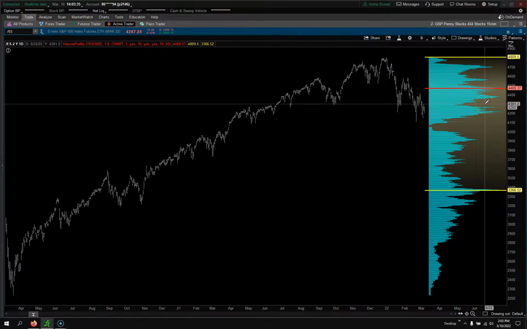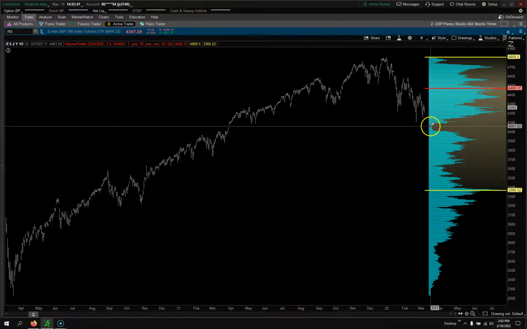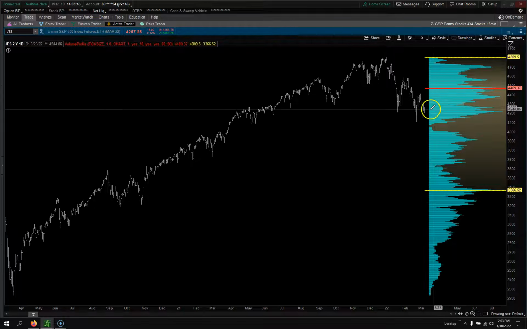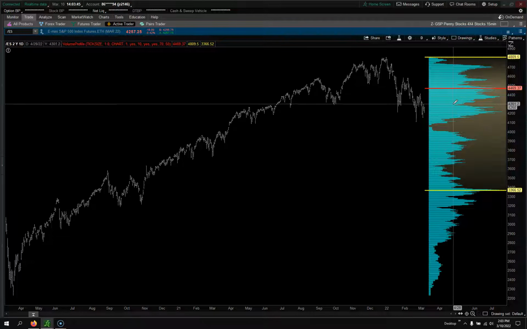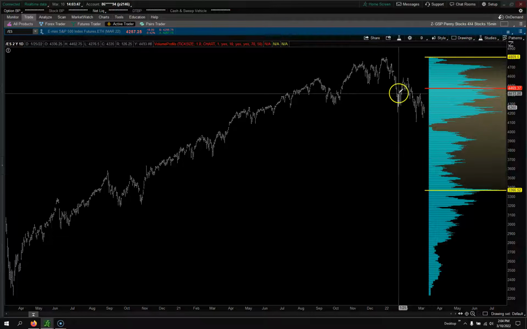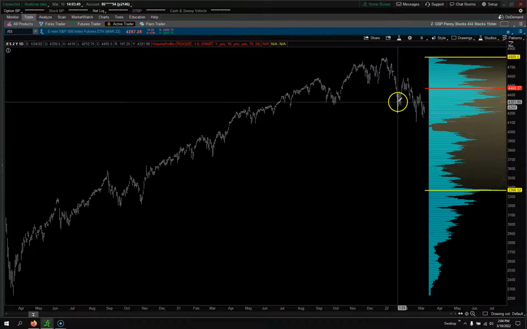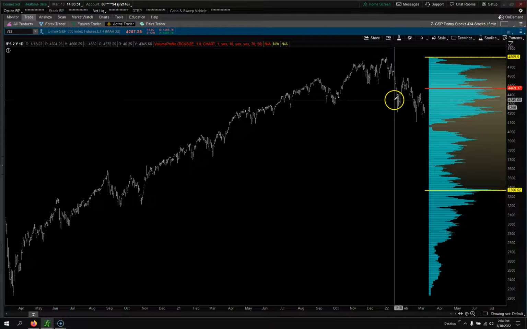Now we're shifting lower, which is kind of a bearish signal to the chart. But as you can also see, these aren't always going to work, because the very first time this low volume node, price blew right through it. Right? Kind of came right through, and then we bounced. So use all this market profile as a guide, nothing more.